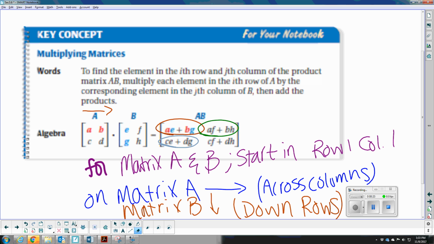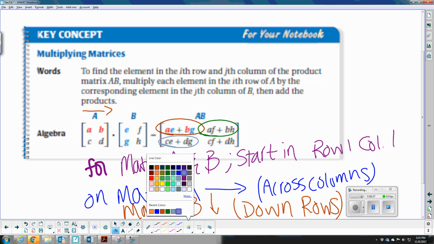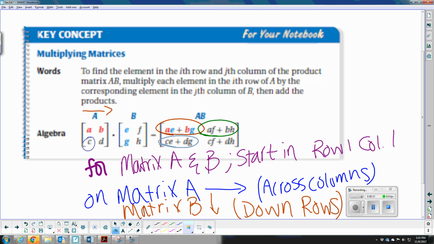And then lastly, CF plus DH, moving across the columns and down the rows. Now, if we had more columns and more rows, then we would just keep going across the columns in A and down the rows in D.